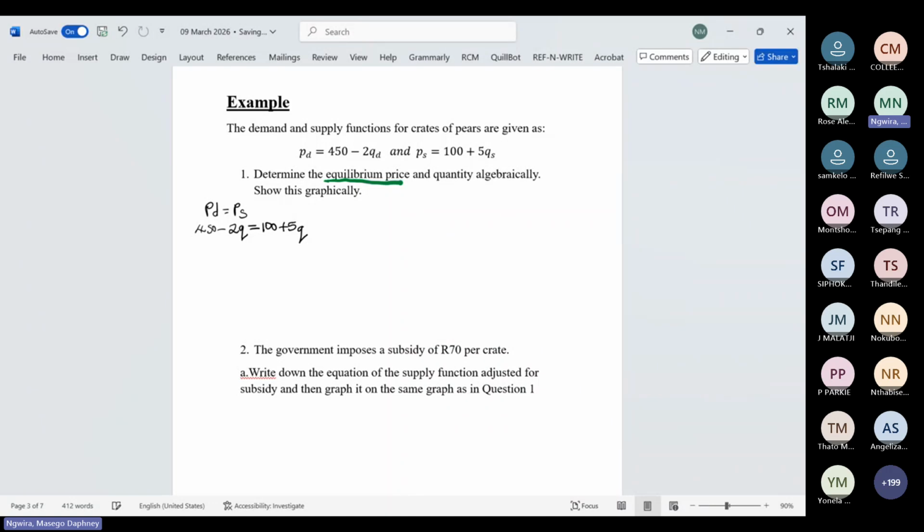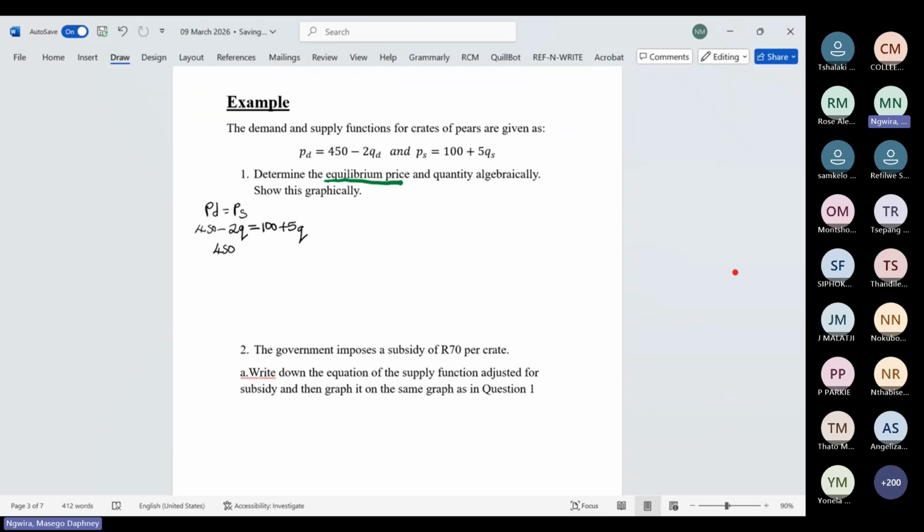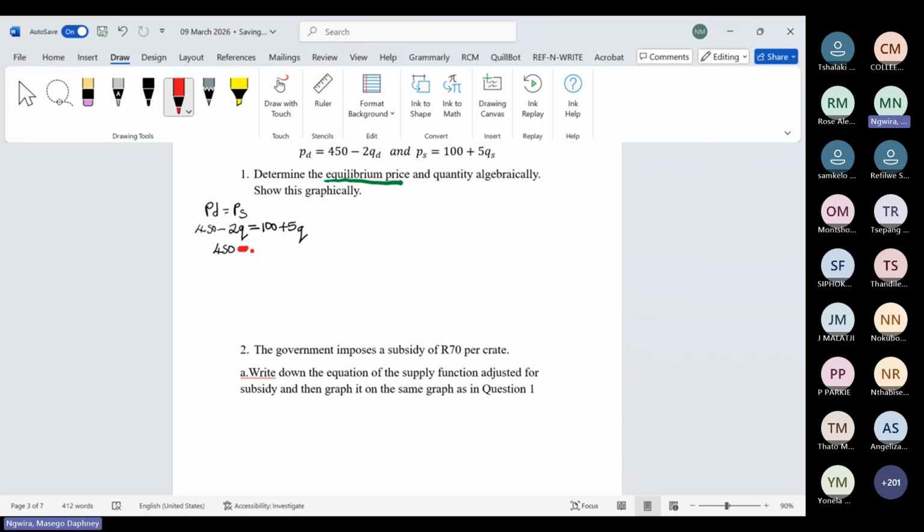And then now we do the apples and bananas, like terms on one side. It's up to you. So this will be 450. I'm choosing to take 100 to my left-hand side. I just want to show you that we're doing the same thing. It doesn't really matter. So this will be minus 100.